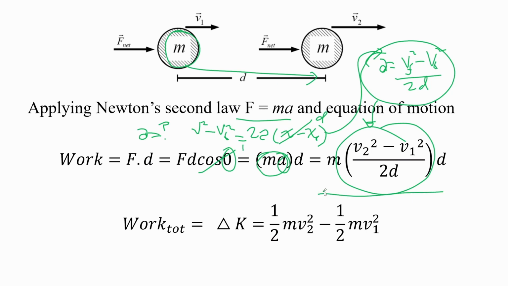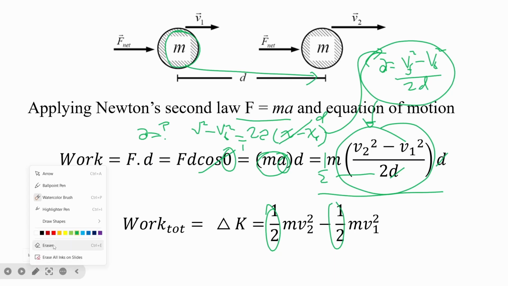So work now is equal to the change in kinetic energy, which is 1/2 mv2 squared minus 1/2 mv1 squared. This cancels out with this, and you factor out the 1/2. So that is the total work using the change in kinetic energy.